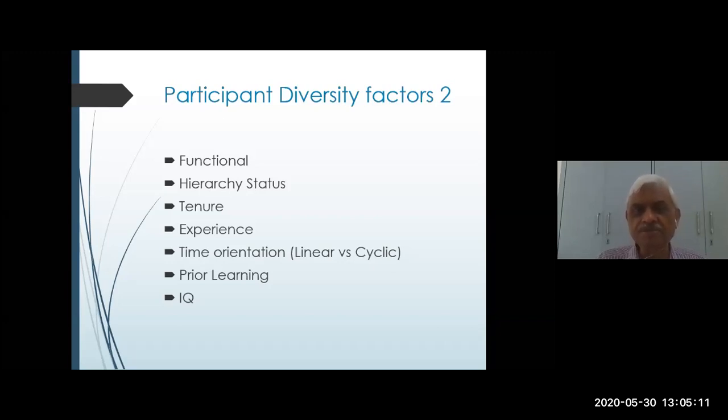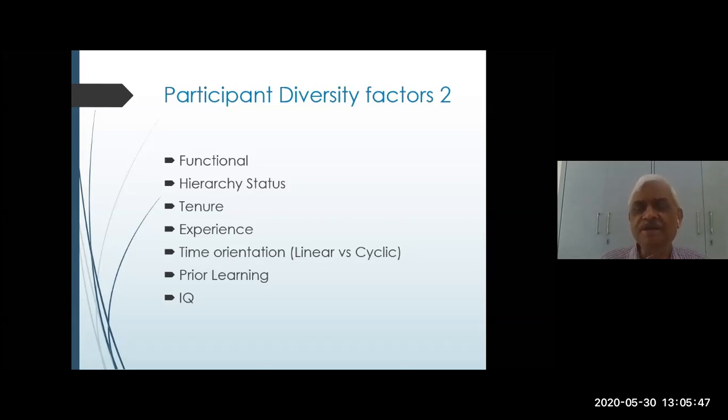Now, there is also the difference in time orientation. In the Western view, they believe there is one life and that life has to be lived fully, from birth to end, and that's all. Indian culture, particularly Hindu philosophy, holds that you are born, you die, and you again take birth, so a whole cycle keeps going.